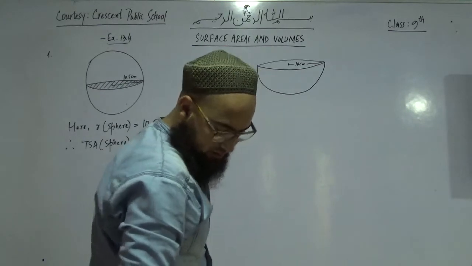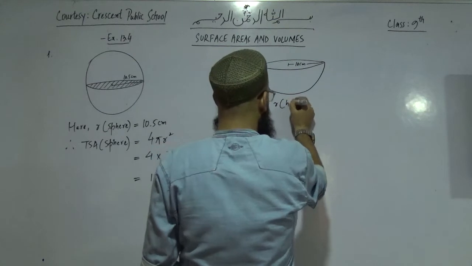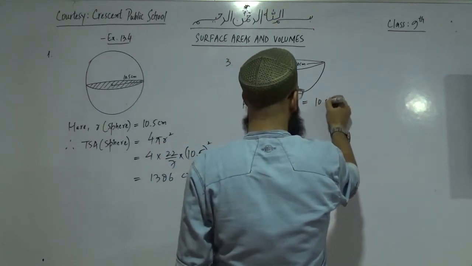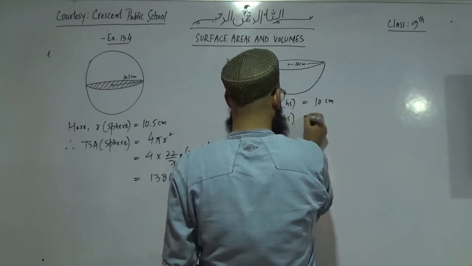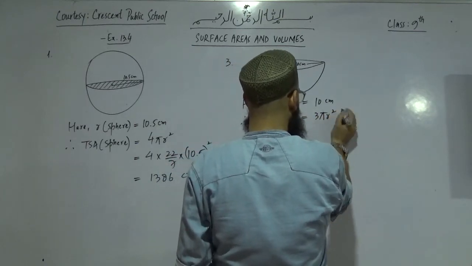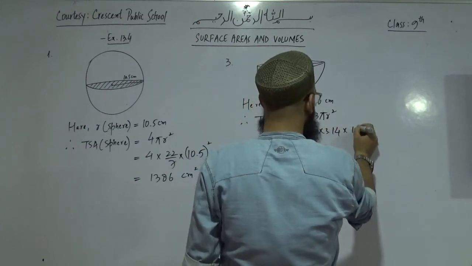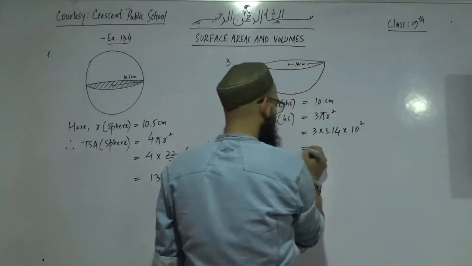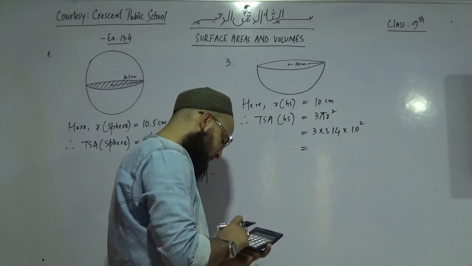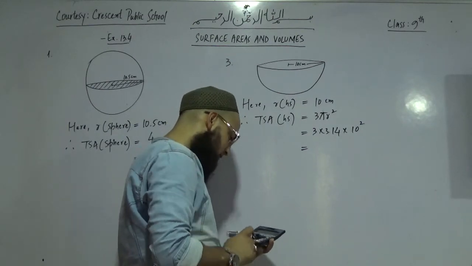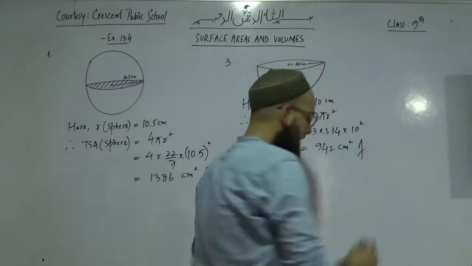You need to find the total surface area of this hemisphere. Here, radius of hemisphere is 10 centimeter. Therefore, total surface area of hemisphere, you know the formula, 3 pi r square. 3 times 3.14 times 10 square. It says use pi is equal to 3.14. So 3 times 3.14 times 100 is 942 square centimeter, and that's your answer.